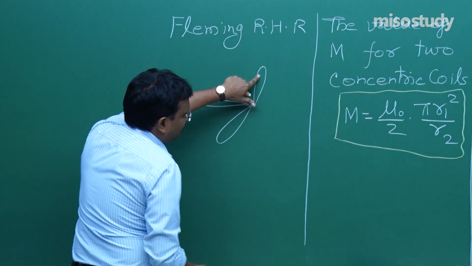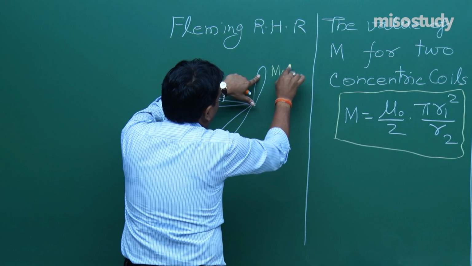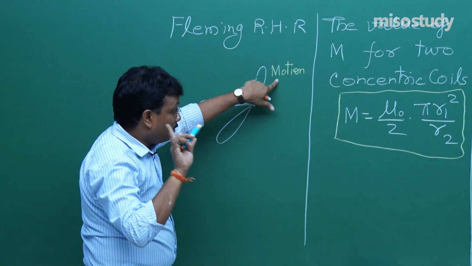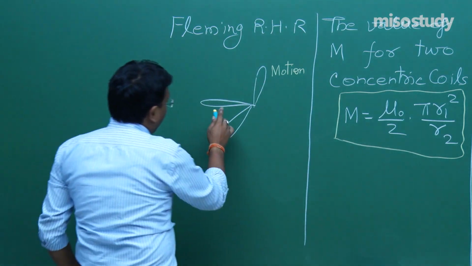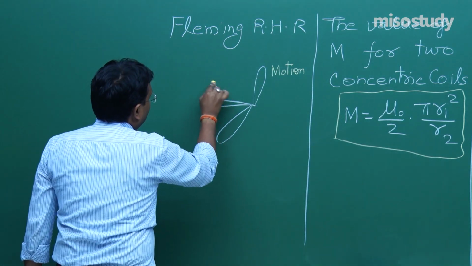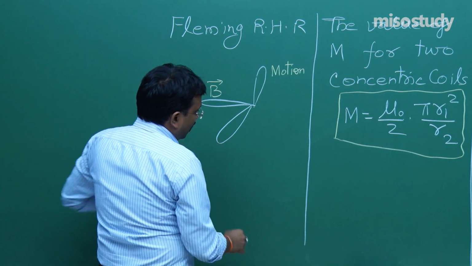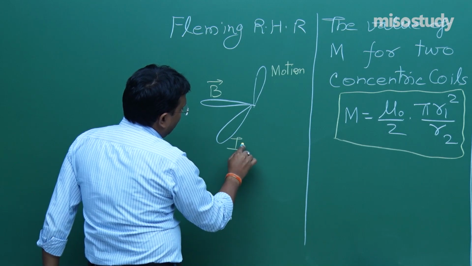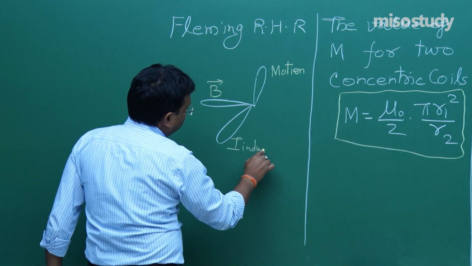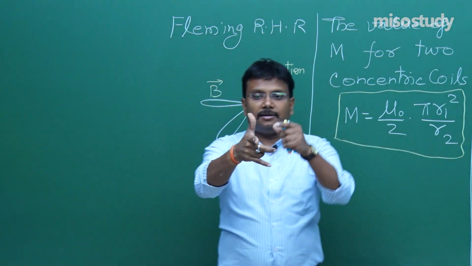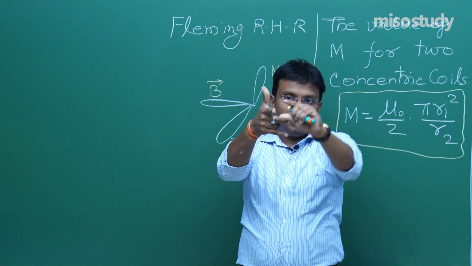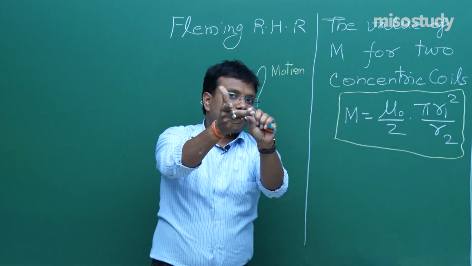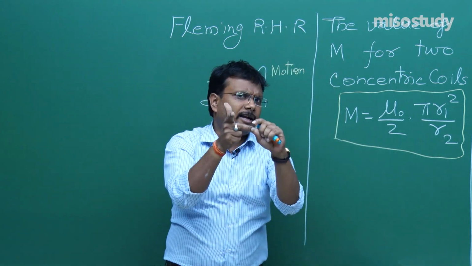So, the thumb is representing motion of the conductor, one term that you should remember. This first finger is B, in the direction of B, and then this second finger is I induced, they all are perpendicular to each other. So, you can say motion of the conductor, direction of the magnetic field, and induced current, conventional direction of the current.